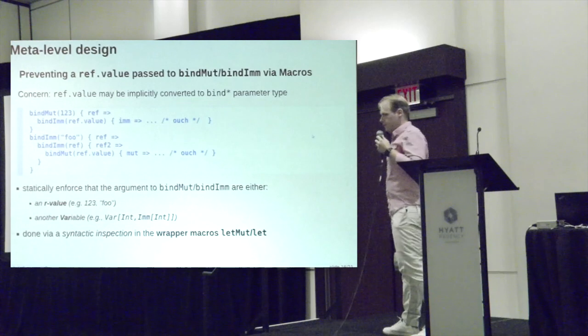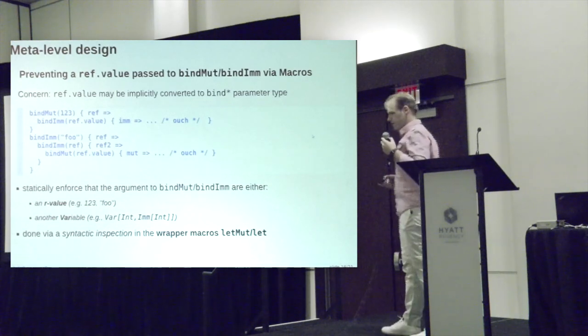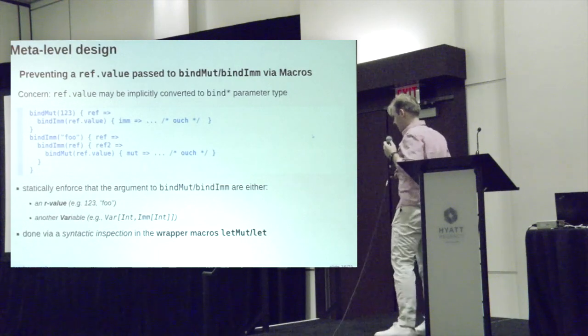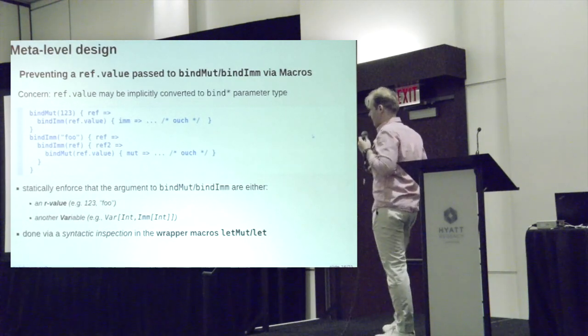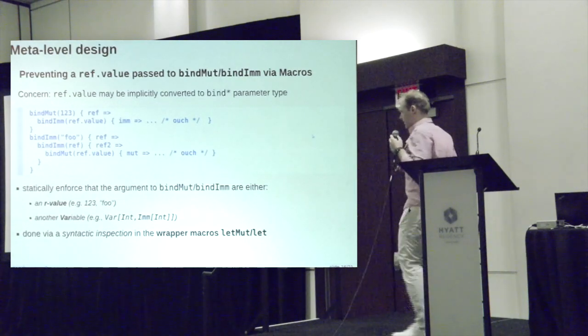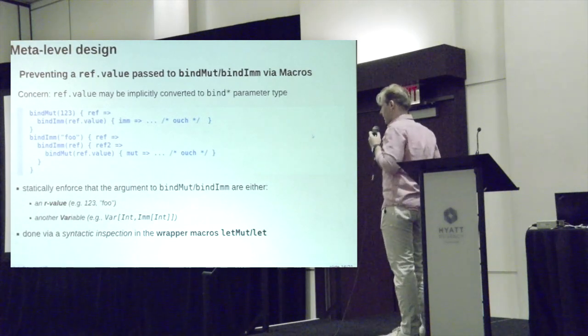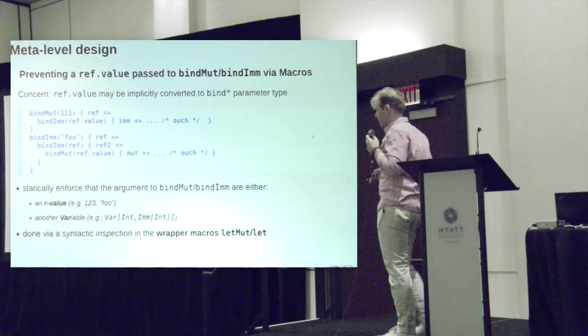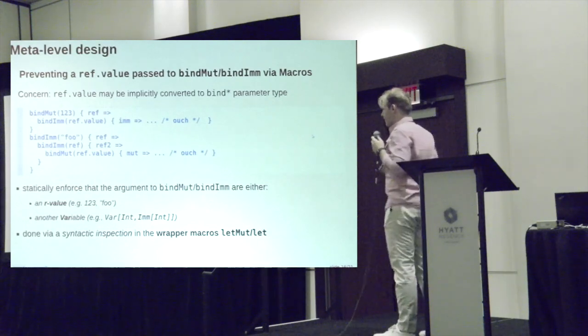Next we come to the meta level design. To remind you, we'll take care of some workarounds and prevent them. The first workaround we should worry about: what if somebody uses ref.value, like through a getter, and then that may be converted through implicit conversion to a wrapper. That's a problem.